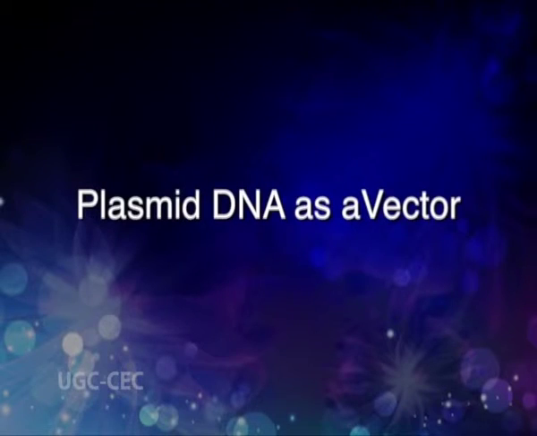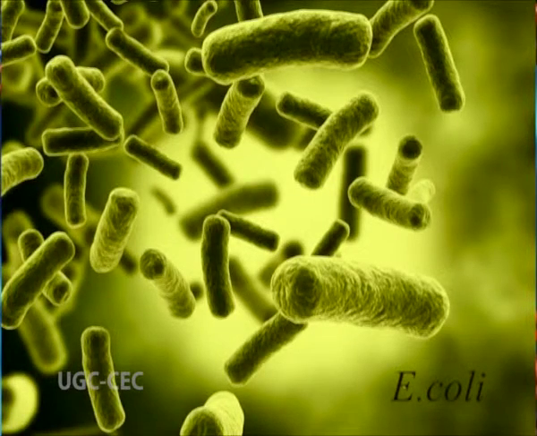Plasmid DNA as a vector. Plasmids are naturally occurring extrachromosomal double-stranded circular DNA molecules that carry an origin of replication and replicate autonomously within bacterial cells. The plasmids most commonly used in recombinant DNA technology replicate in E. coli.